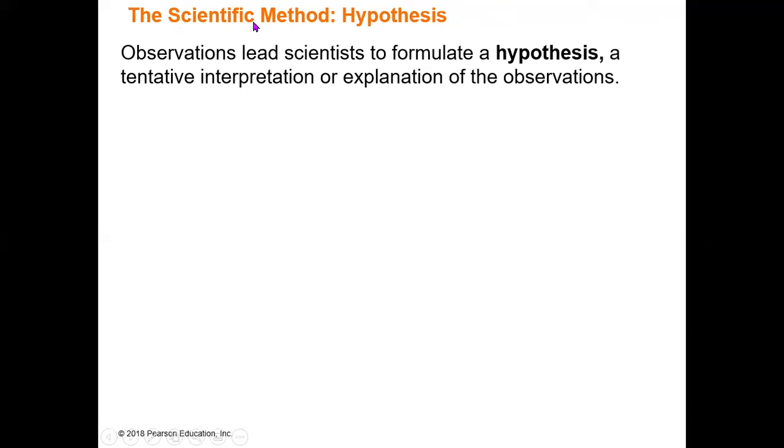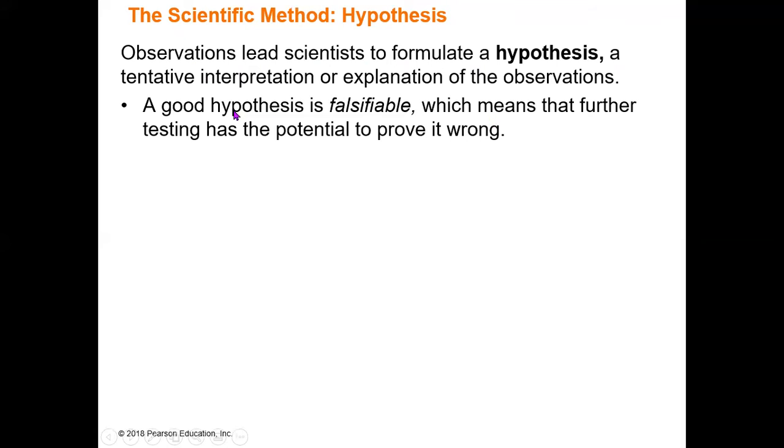Now we see the scientific method hypothesis. Observation leads scientists to formulate a hypothesis, a tentative interpretation or explanation of the observations. A good hypothesis is falsifiable, which means that further testing has the potential to prove it wrong.